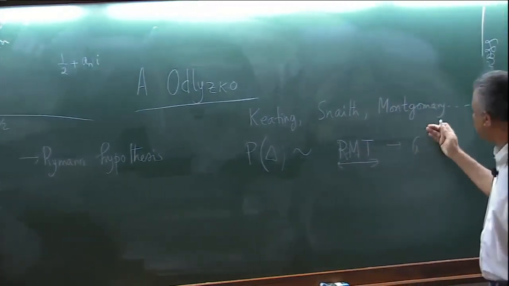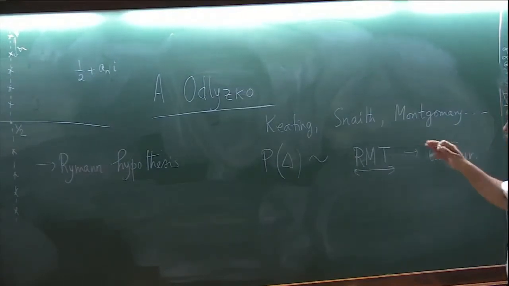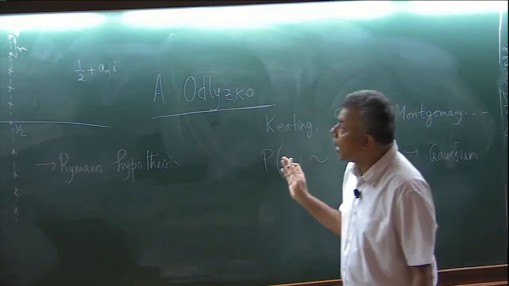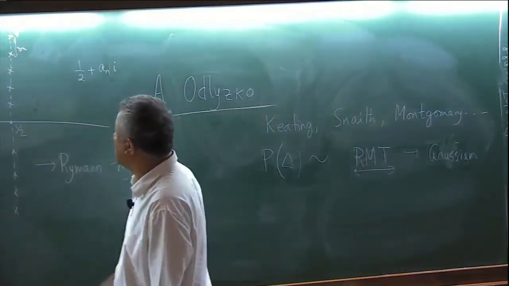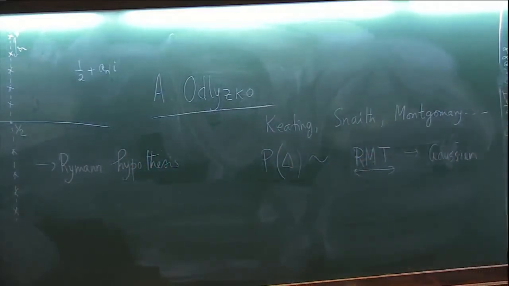I didn't define it, so Gaussian random matrices. That means you take a random matrix with independent Gaussian entries to find the eigenvalues, and you look at the spacing distribution between successive eigenvalues, and somehow the spacing distribution of the zeros of the zeta function seems to be exactly given by RMT.